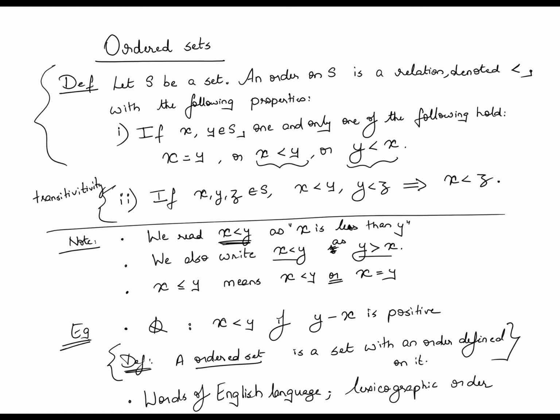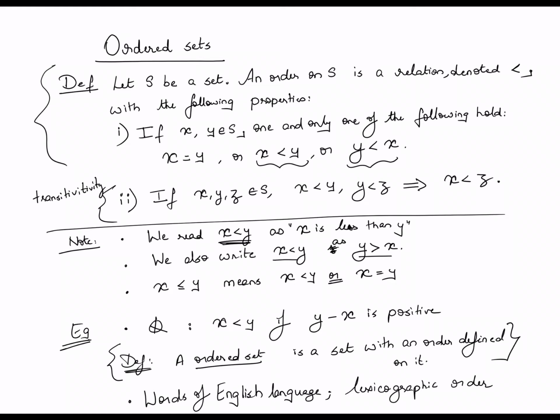We've all used a dictionary before. There is an ordering of words in the English language based on, so a word x is less than the word y, if x shows up before y in a dictionary, right? So that is what we mean by a lexicographic order.